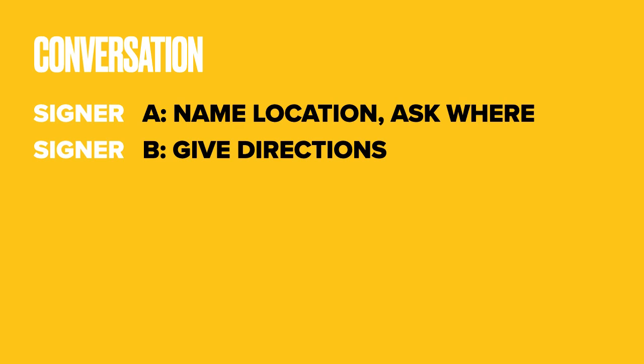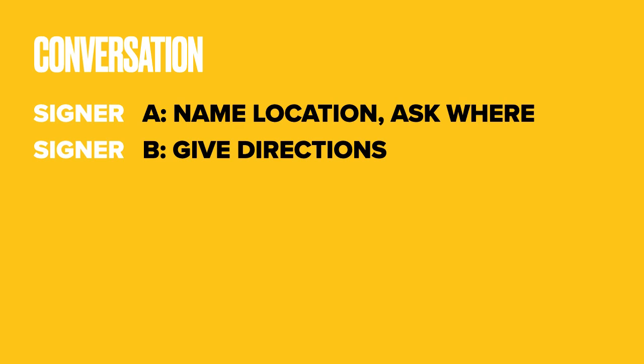But let's say somebody's like, hey, can you tell me where the office is? And we're in the high school building at school. Well, that is a different building. So let's say that we're right in front of the bathrooms in the high school building. So we're going to point in the general direction of the office, and we're going to sign different and then building.